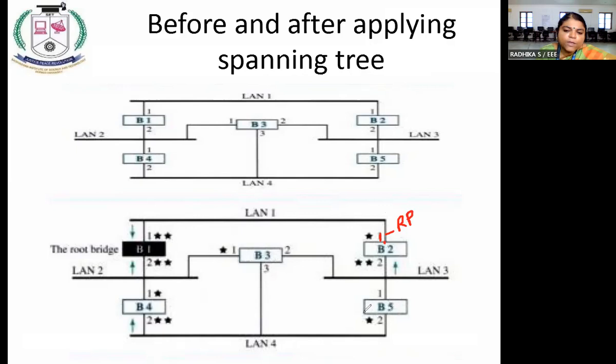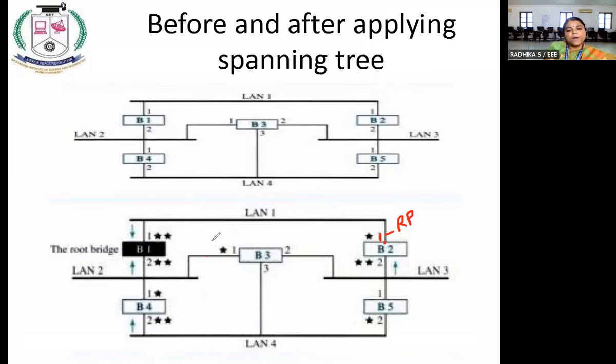Again, if I take bridge B3, as you can see here, among the 2 ports 1 and 2, port 1 is directly connected to the root bridge, whereas if I take port 2, then I have to go to bridge 2 to reach bridge 1. If I take this route from B3 through port 2, I have to go through B5, B4, and only then can I reach B1.